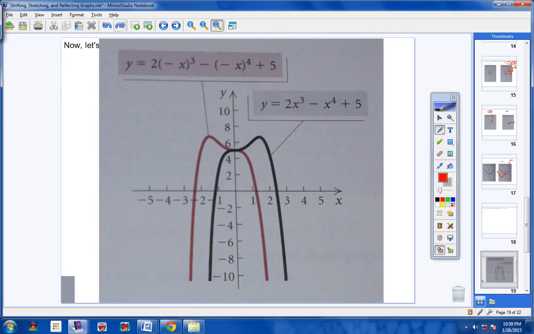Notice then we also put a negative here with this x inside the parentheses with the exponent 4 on the outside. And then of course plus 5 does not get affected. We're only applying the negative sign to the x's, okay? So when that happens, what you have is a reflection in the y-axis.